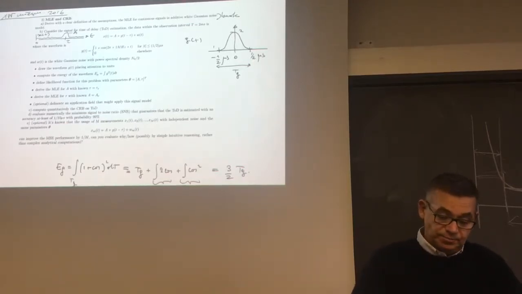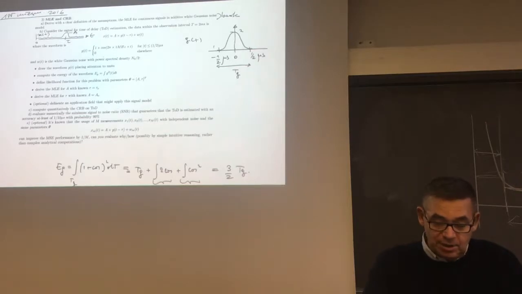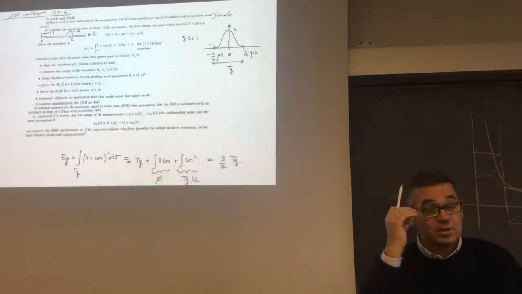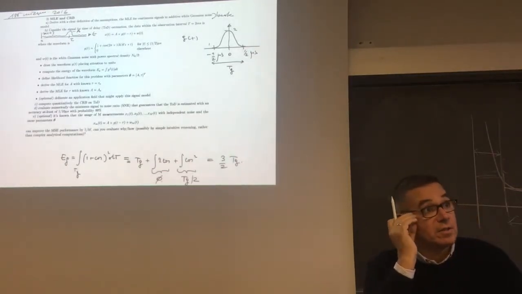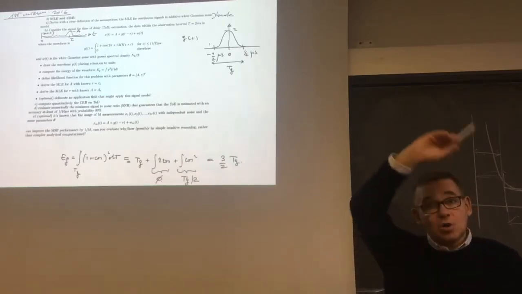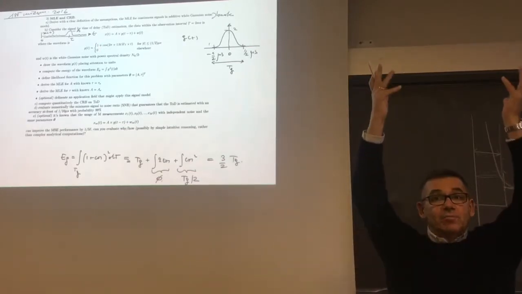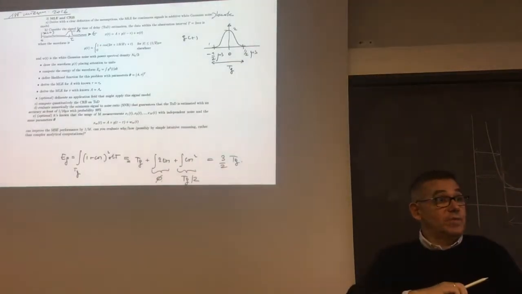First of all, draw the waveform g(t), paying attention to the units. I already copied this from the solution of the exercise, because I don't want to waste too much time. So it's a cosine, and the 1 plus is shifting it up.